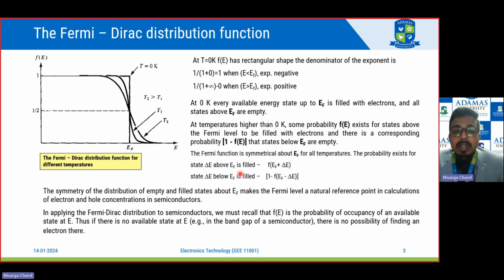So we can conclude that the Fermi-Dirac distribution function, the Fermi function, is symmetrical about EF for all temperatures. The probability that a state at delta E above EF is filled is f of EF plus delta E, and 1 minus f of EF minus delta E that a state delta E below EF is filled.